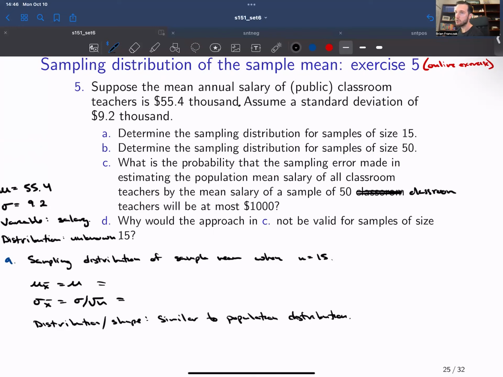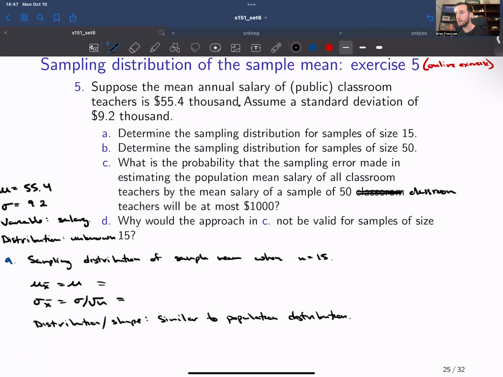Because the sample size is only 15, the only thing that we can say here is that the shape of the distribution is similar to that of the population. But we don't know what distribution it is. N equals 15 is not enough information for us to state that the sampling distribution is approximately normal, because the central limit theorem requires that we have at least 30 observations for that. So all we can say is that it's similar.